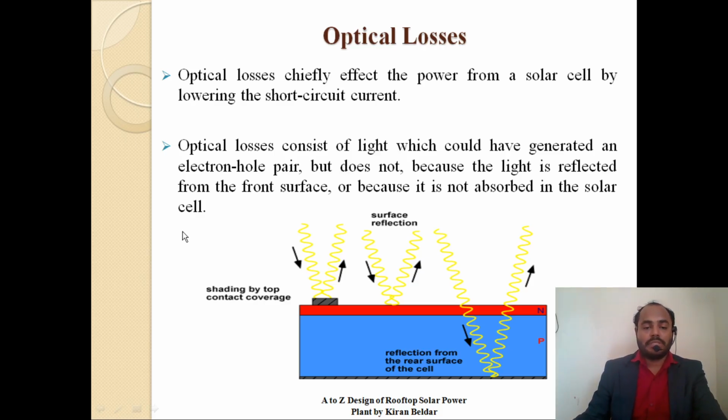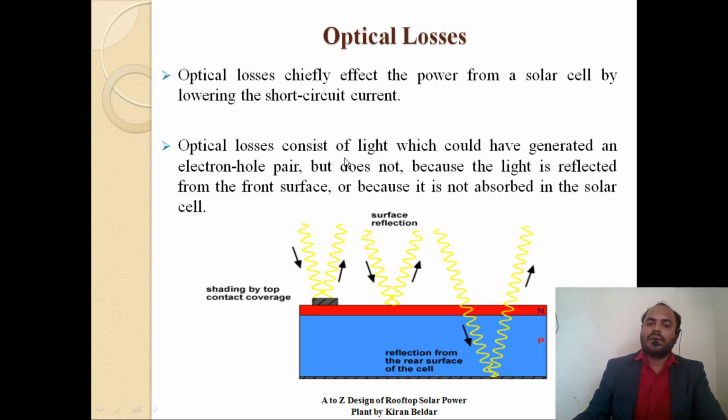So it is very important to optimize and cure the optical losses for a solar panel to generate the maximum amount of electricity. Optical losses chiefly affect the power from a solar cell by lowering the short circuit current.